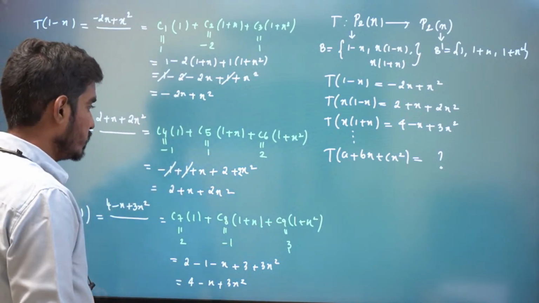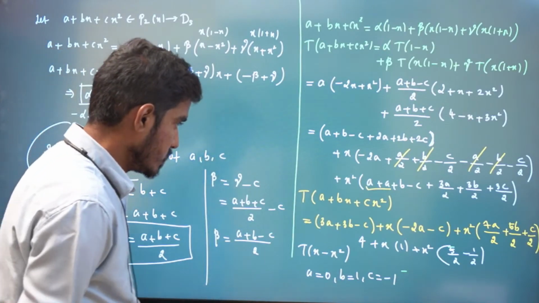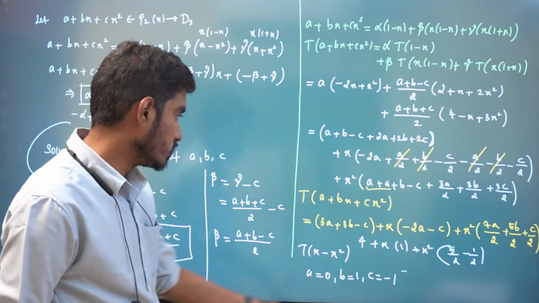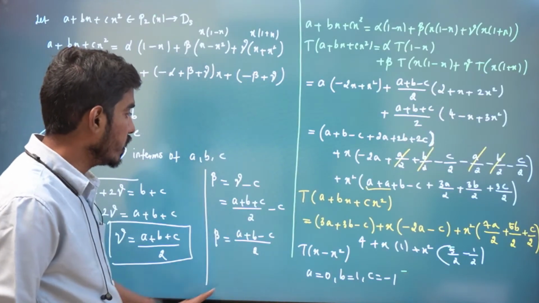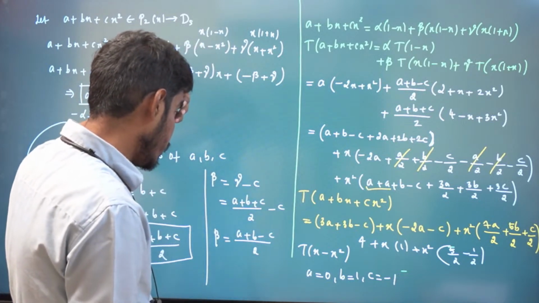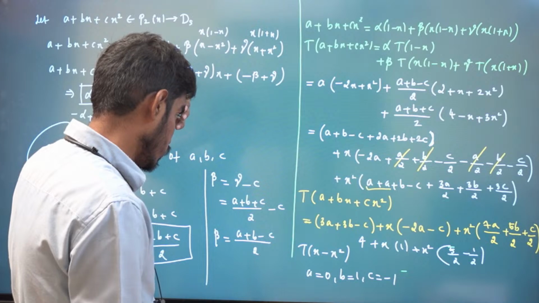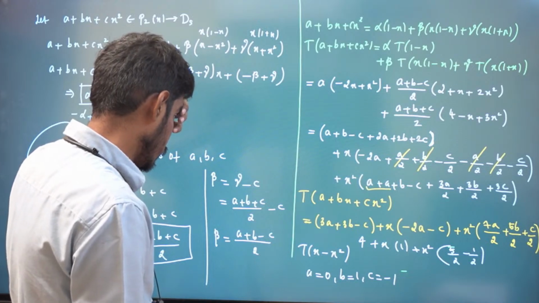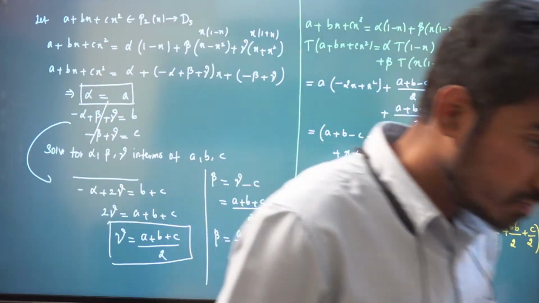We should get 2 plus x plus 2x square, right? We are getting 4 here, but should get 2. Is there any mistake I have made?